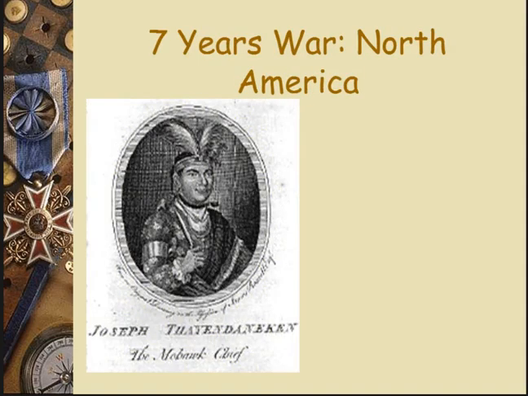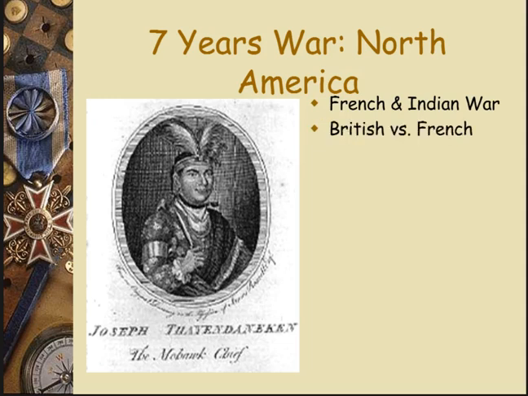So the 7 Years' War in North America, known as the French and Indian War, it's the British versus the French, with, of course, the 13 British colonies, the Americans, the colonialists, fighting on the side of the British, and, of course, the lion's share of Native American tribes helping the French. But there were a couple of tribes helping the British.